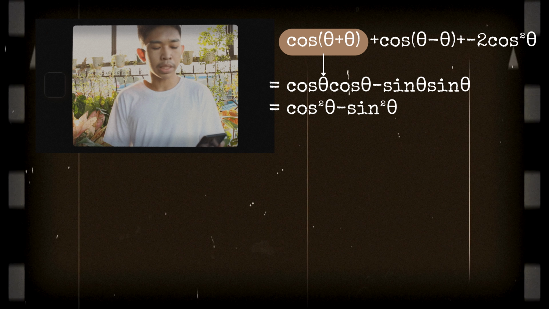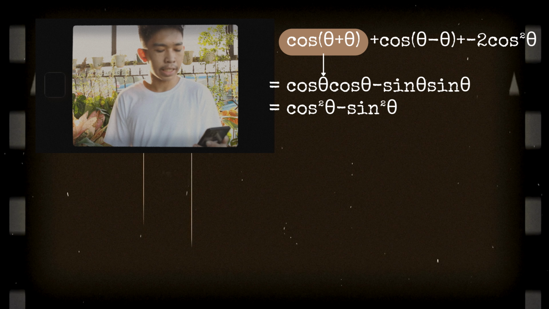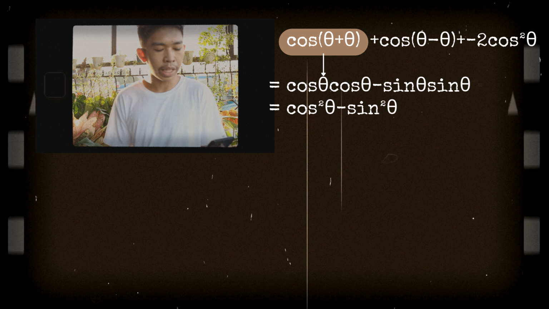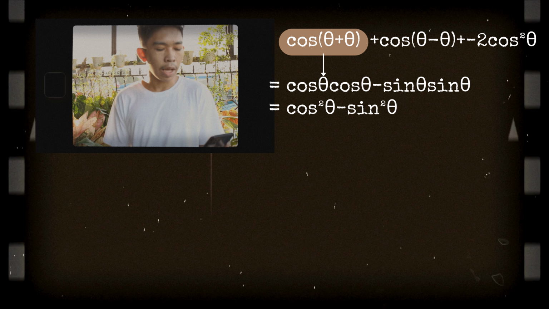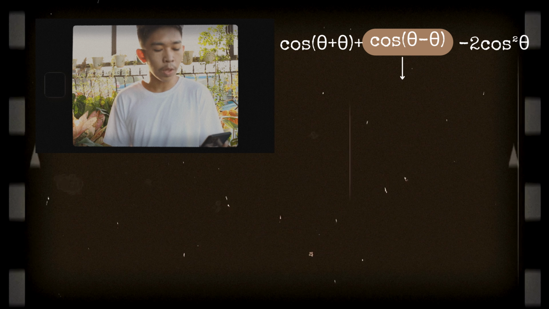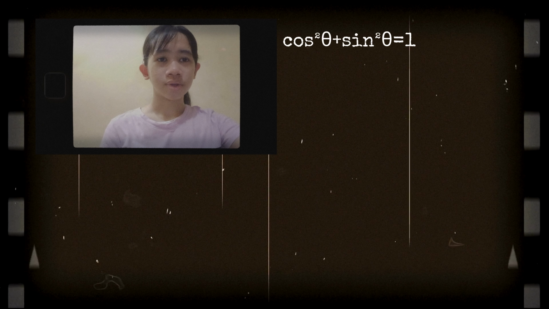The cos of theta plus theta part will become cos theta times cos theta minus sin theta times sin theta, which will then become cos squared theta minus sin squared theta, whereas the cos of theta minus theta would become cos squared theta plus sin squared theta instead. According to the Pythagorean identity, cosine squared theta plus sin squared theta becomes 1.